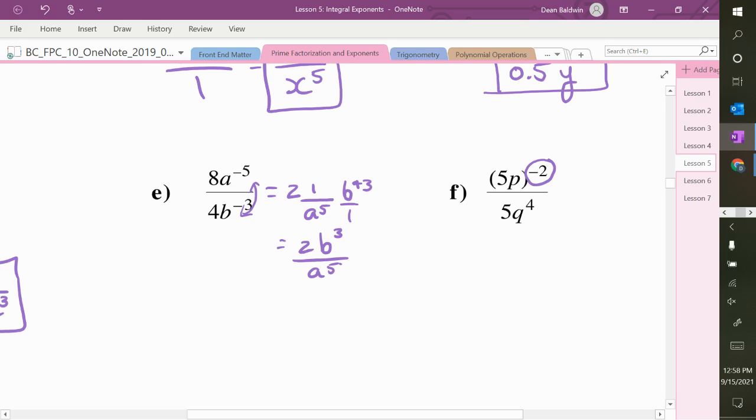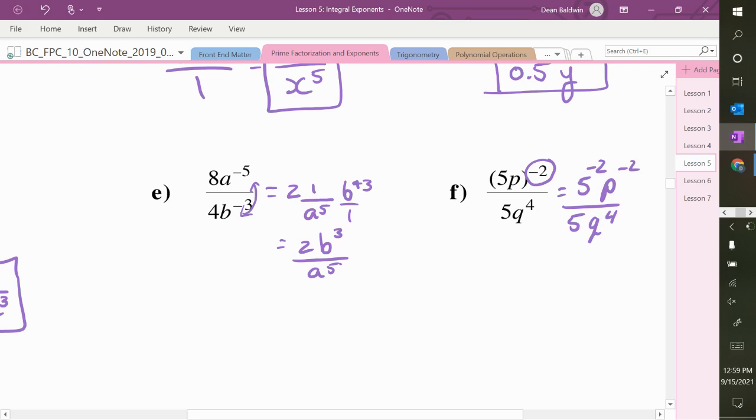Where's that negative 2 go? Both. All right. How do I make these exponents positive?